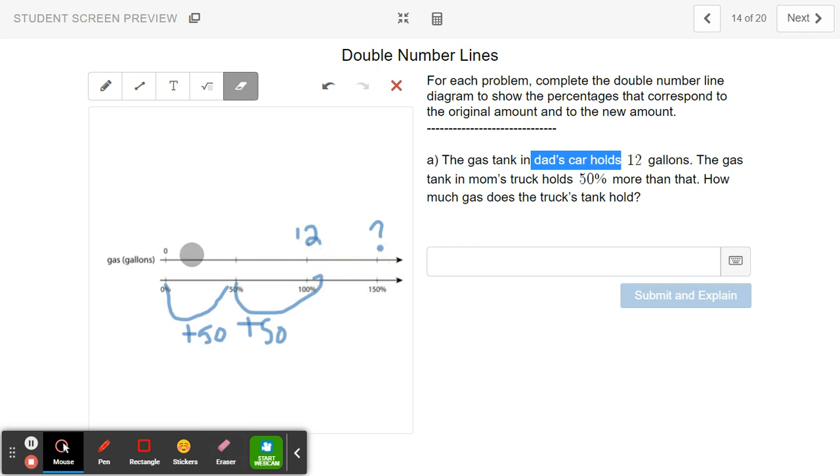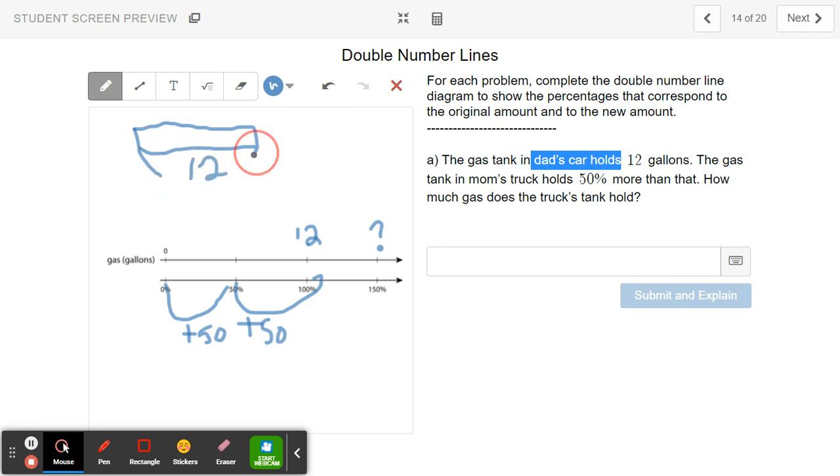And so on here, what I notice, again, remember that these are always going to be the same amount, right? So this is almost like our bar model. So we know if we have 12 gallons of gas, it's like it's being split into two equal pieces, right?